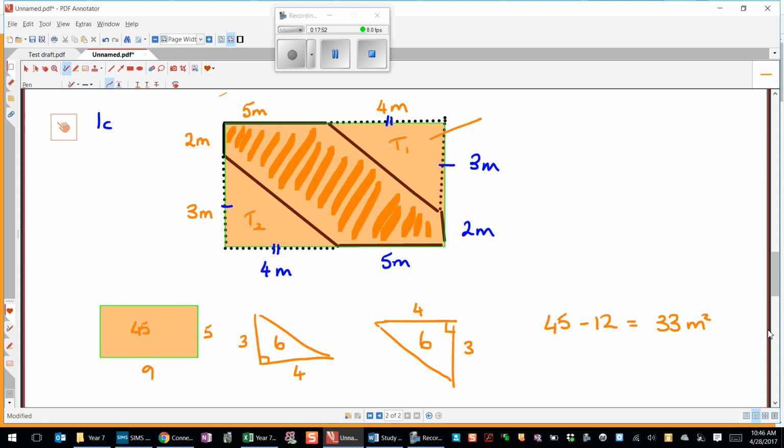So you either divide by 2 and then multiply by 2, or you just realize that, put the 2 triangles together, and it just becomes a rectangle that is 3 by 4, and just do that. Not a problem if you don't, it's just a little bit of typing.